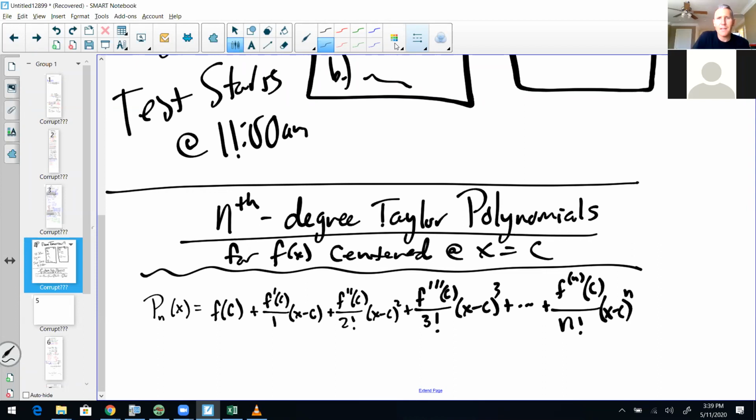This right here is the formula for the nth degree Taylor polynomial for the function f of x centered at x equals c.